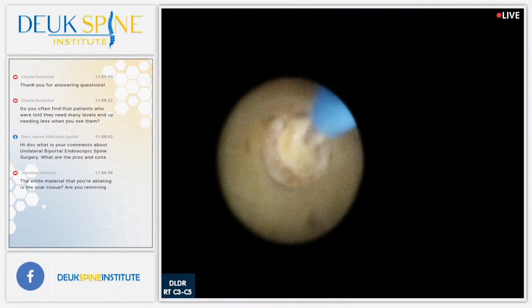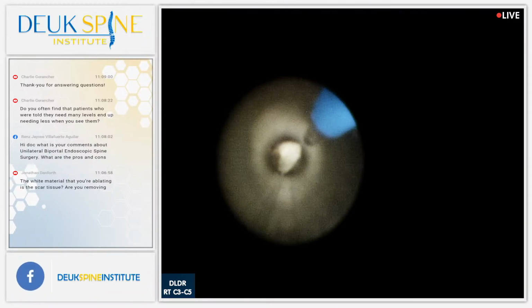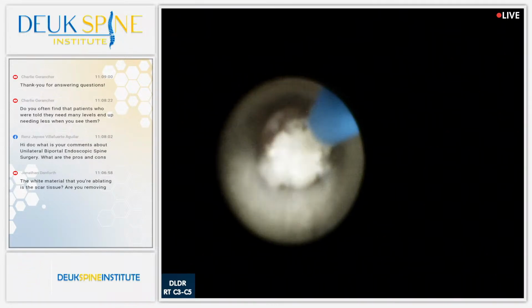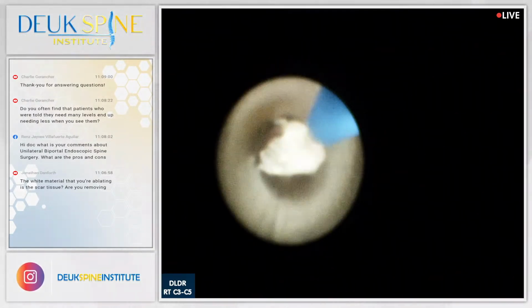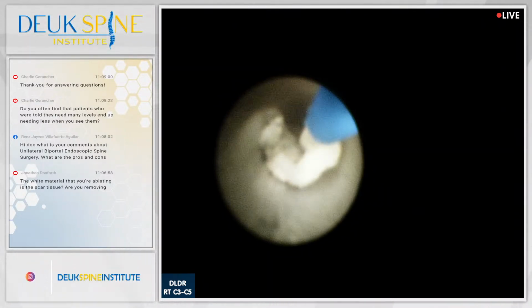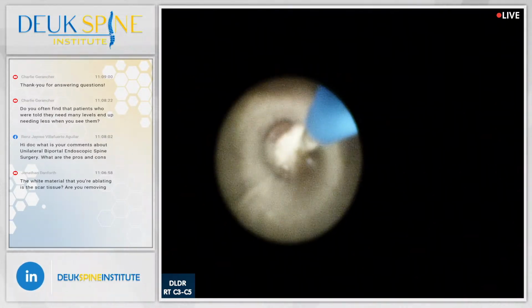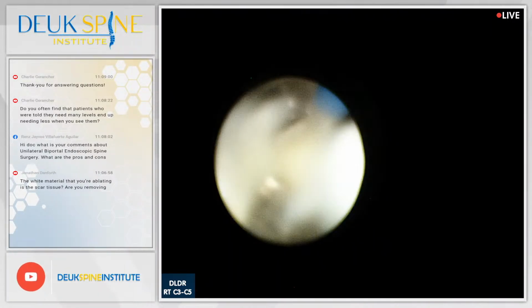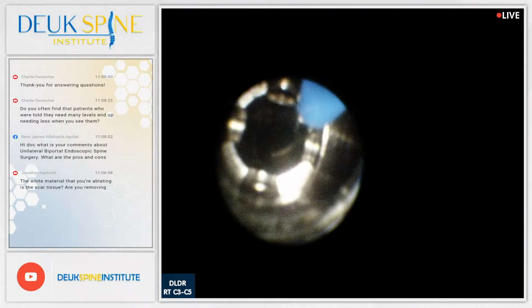Jonathan, this right here is a piece of herniated disc, but it's scarred. It's not just herniation anymore, because over time, inflammation has scarred it. Your body has attacked this herniation, and it no longer looks like a piece of disc material. It's actually filled with scar tissue from the attack.